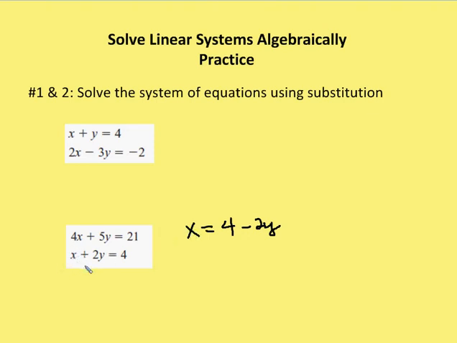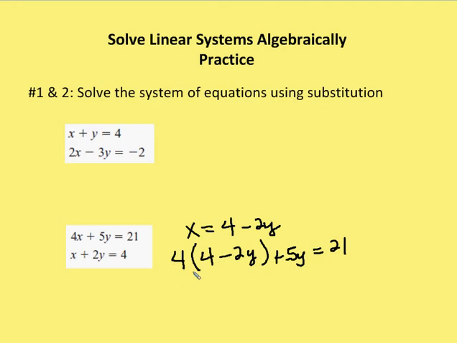So I can see here that I'm not going to have to work with fractions by setting x equal to this value 4 minus 2y and then solving in the first equation. So I'm going to substitute in 4 minus 2y for the value of x in the first equation, and I get 4 times 4 minus 2y plus 5y is equal to 21.